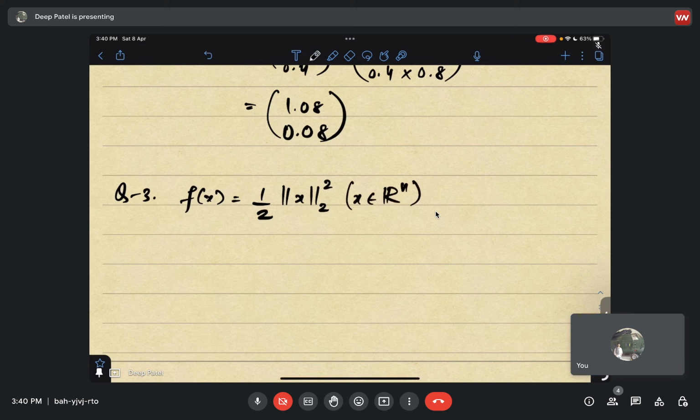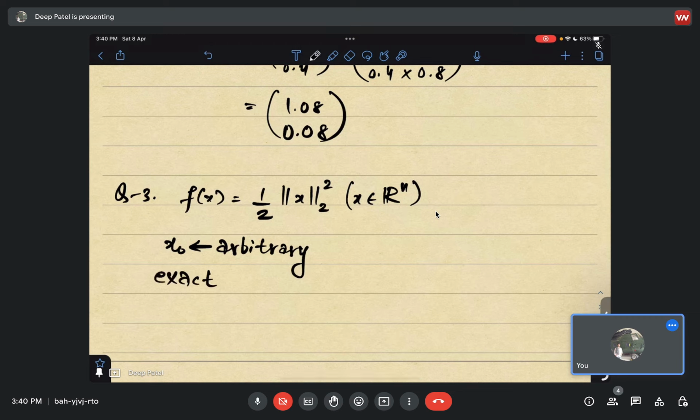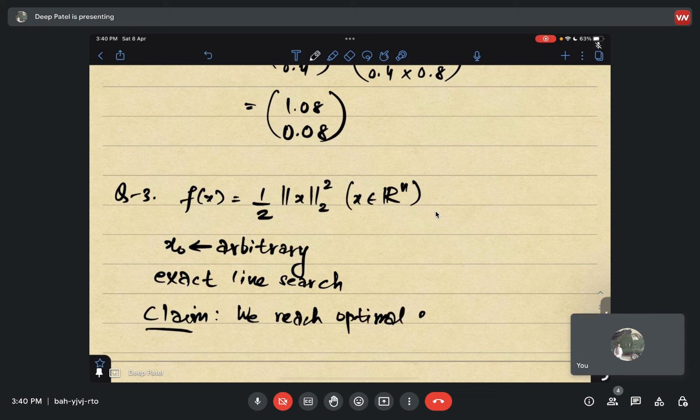So we have an arbitrary initial point, we do exact line search. The claim is we reach the optimum solution in exactly one step.